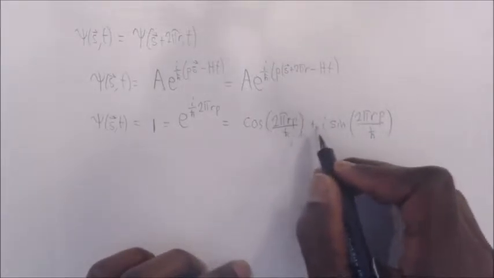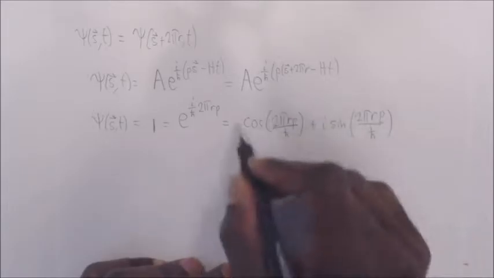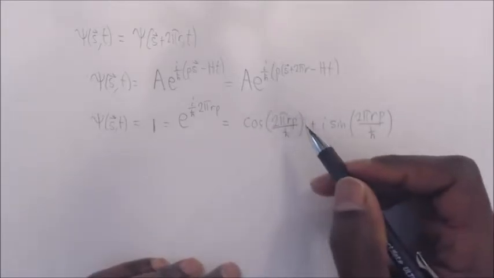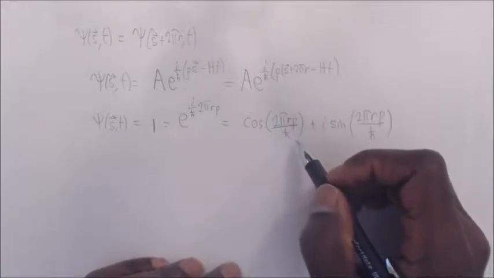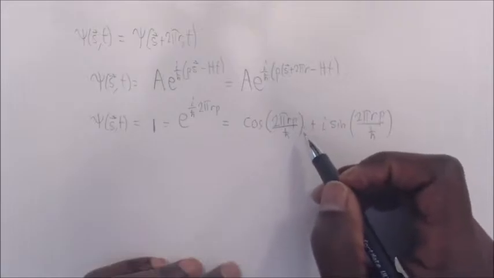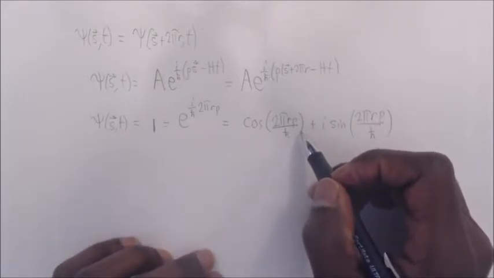And the only time this value can be 1 is when whatever is in here must be equal to 0 or 2 pi or 4 pi or 6 pi or some integer multiple of 2 pi.